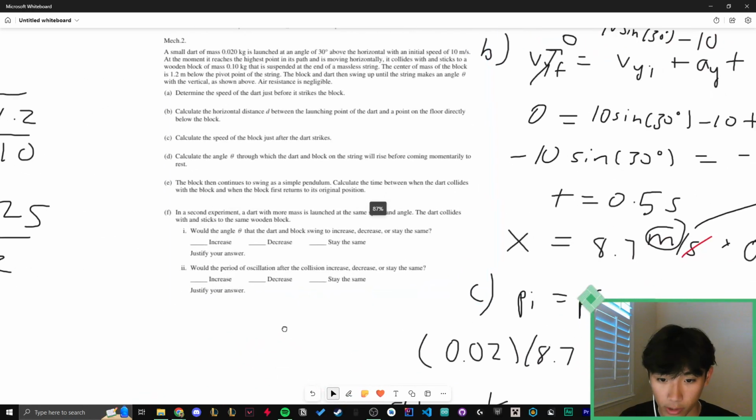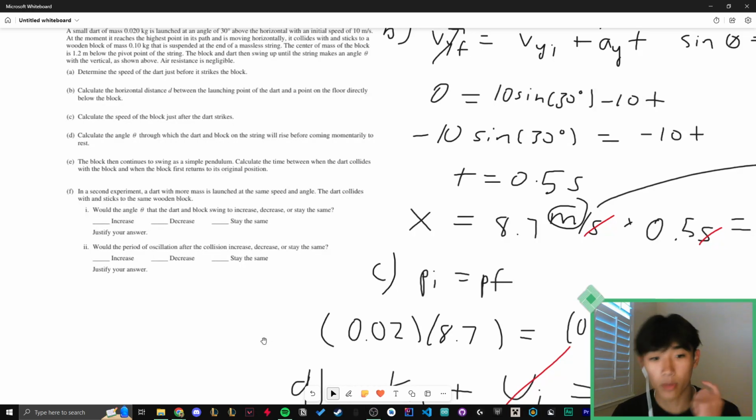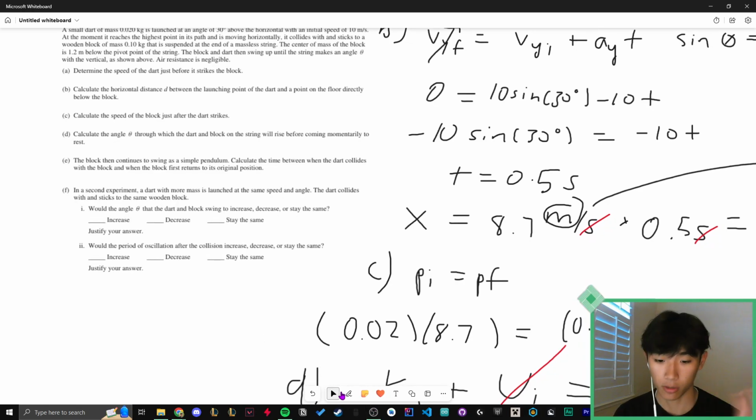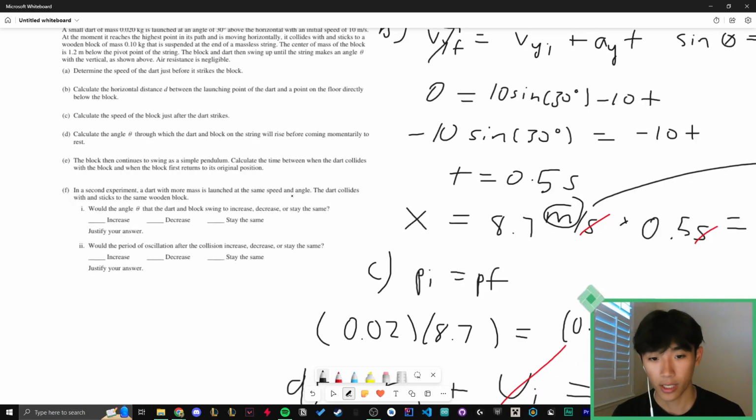Pretty straightforward. Now let's do part F. In a second experiment, a dart with more mass is launched at the same speed, same angle, pretty much same everything. The only difference is the dart has more mass. So what does this mean?